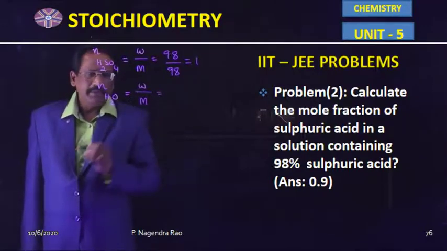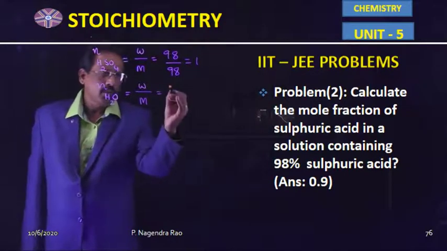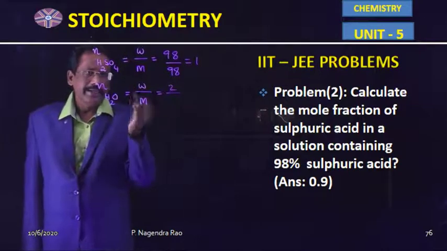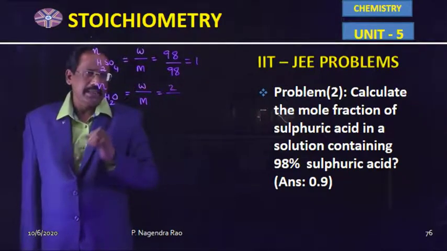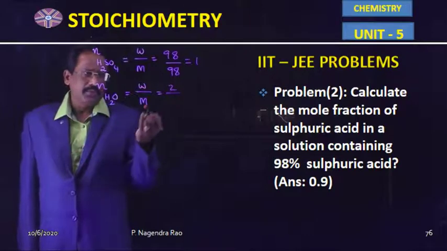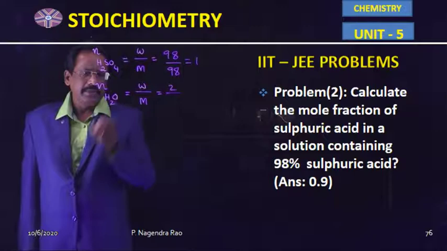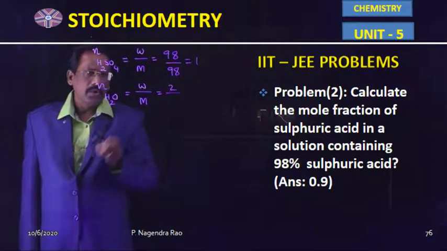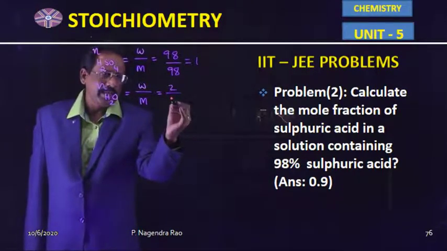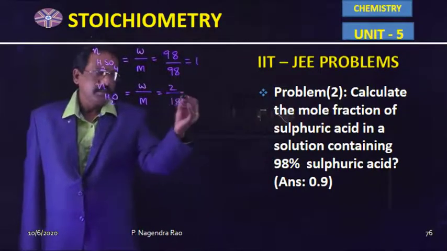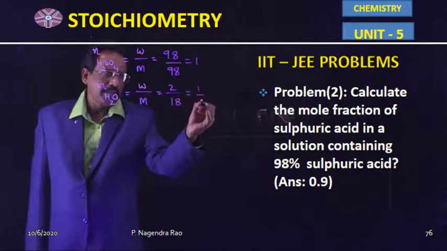Here the weight of water is 2 grams, because the solution contains 98% sulfuric acid, so the weight of sulfuric acid is 98. The weight of water is 2 grams divided by the molecular weight of water, 18. So this is equal to 1 by 9.